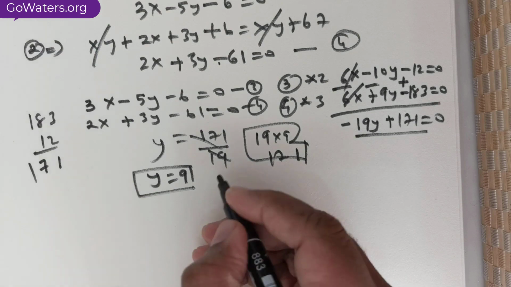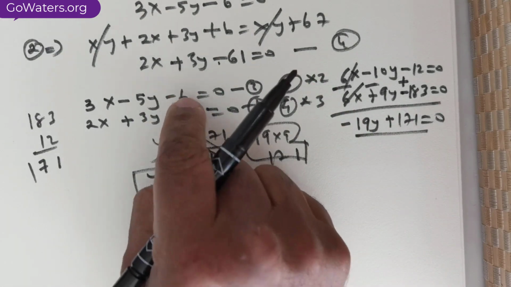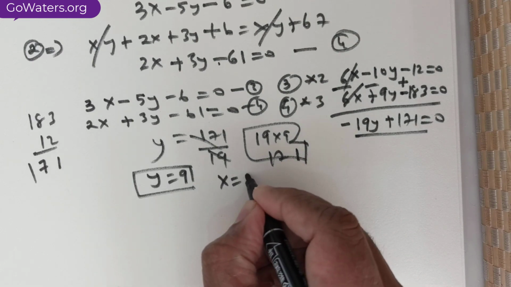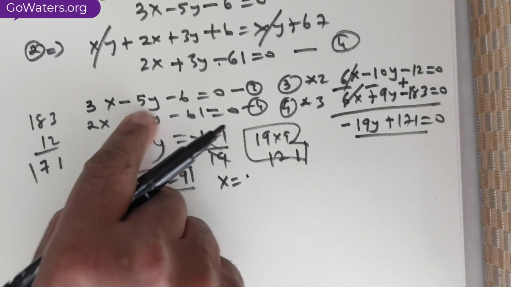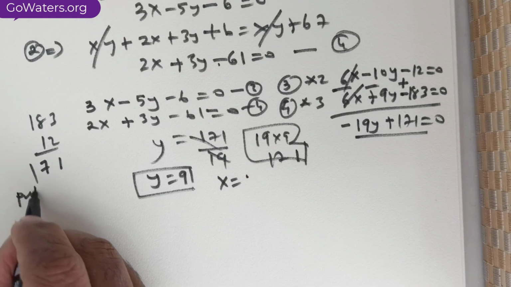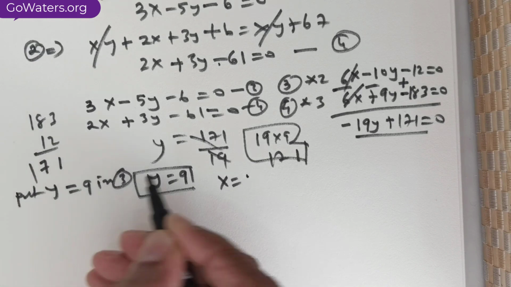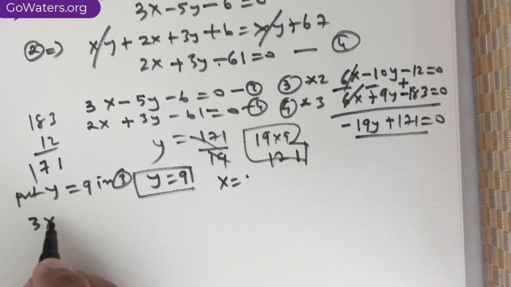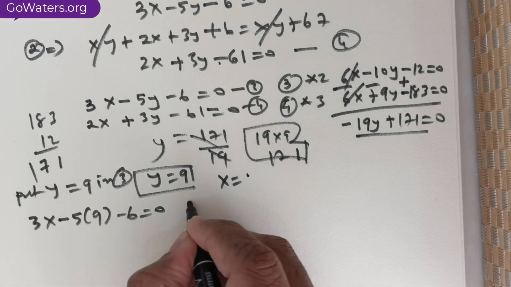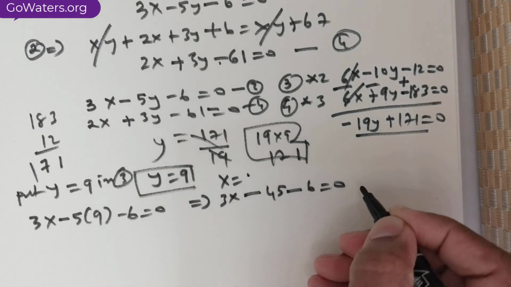If y is equal to 9, you substitute it in one of the equations here. And when you do that, you get x is equal to 17. Suppose you put y is equal to 9 in 3. This is going to give me 3x - 5 times 9 - 6 = 0. This means 3x - 45 - 6 = 0.